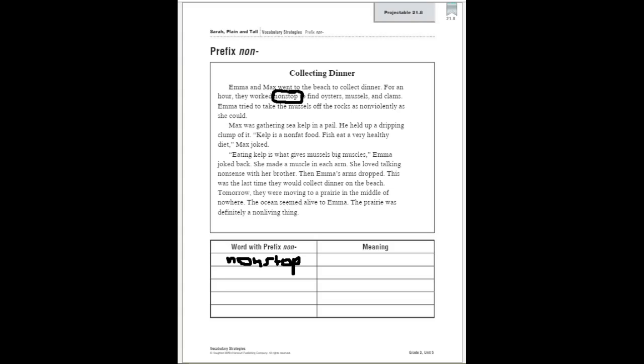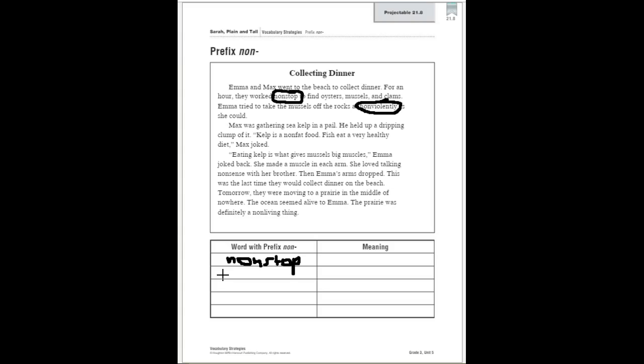All right, let's find the next one, still in that very first paragraph. You see it here? Non-violently. I am not going to try to write that word in my graphic organizer down here, but not violently would be the meaning.